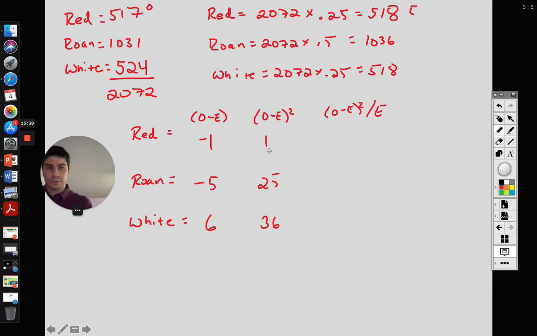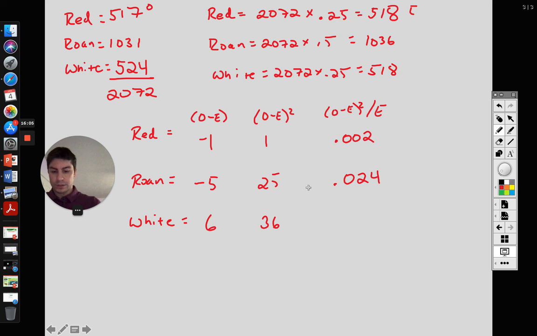All right, so this one would be 1 divided by 518, which is 0.002. Second one, 25 divided by 1,036, we get 0.024.